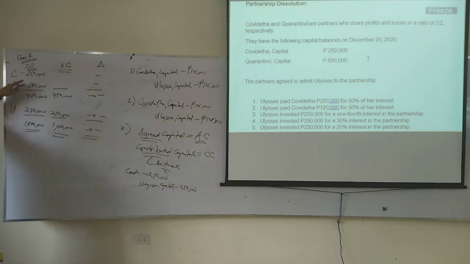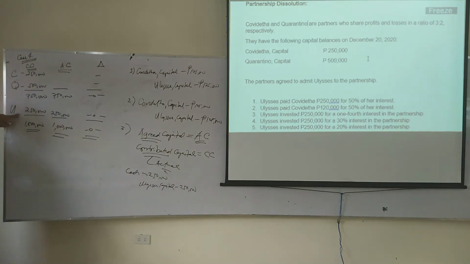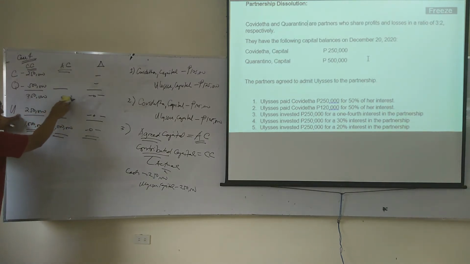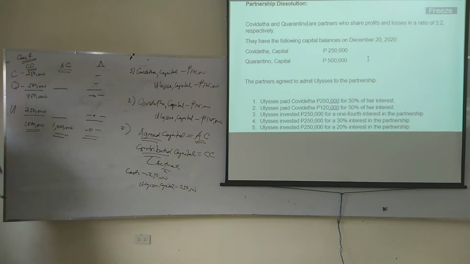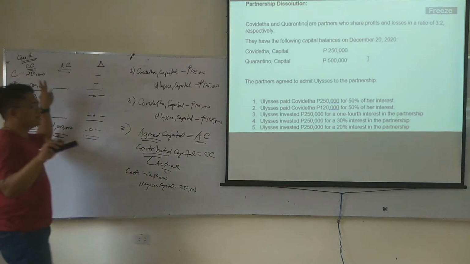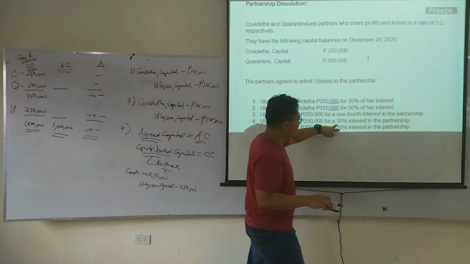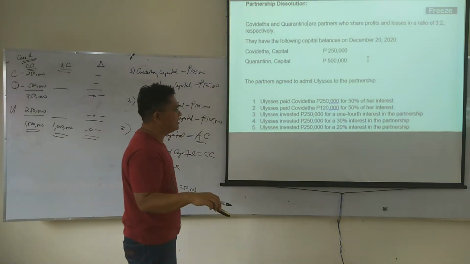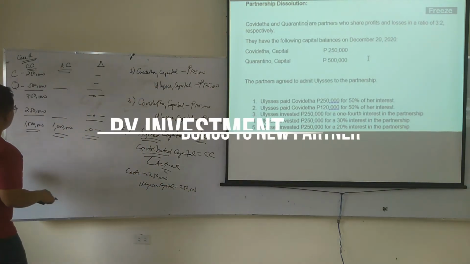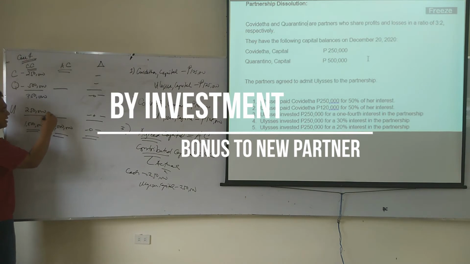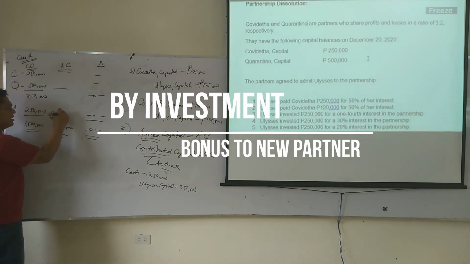Ulysses here contributed 250,000, but this time it is agreed by the partners that Ulysses is to receive 30% interest in the partnership. So, 30% of 1 million is 300,000.